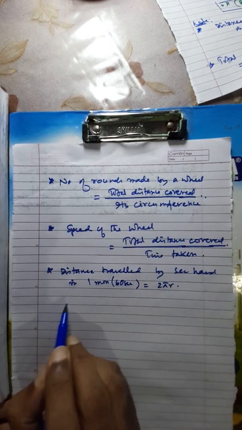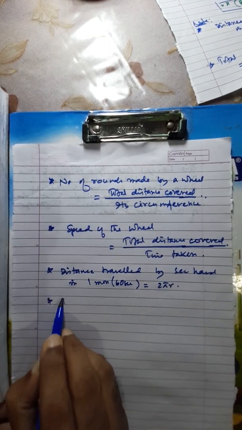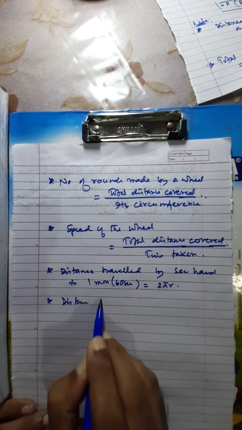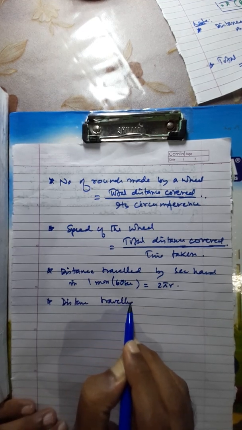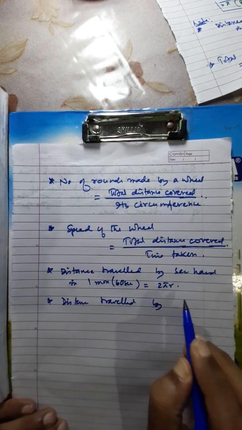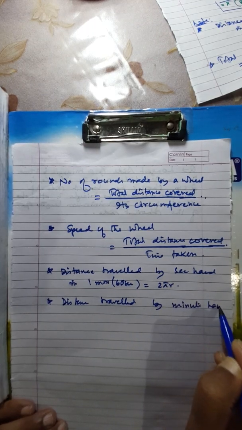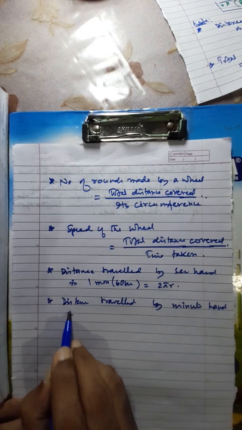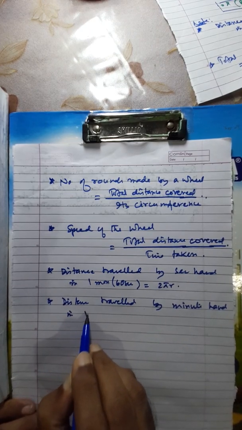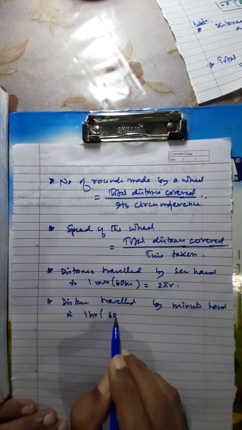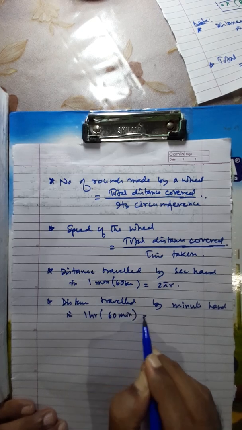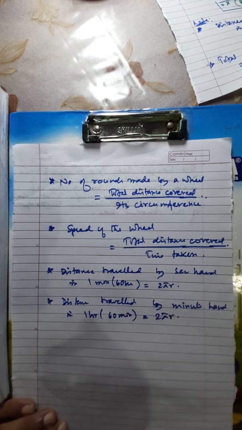R is the radius of the circle. Distance travelled by the minute hand in 1 hour or 60 minutes is equal to twice pi r.